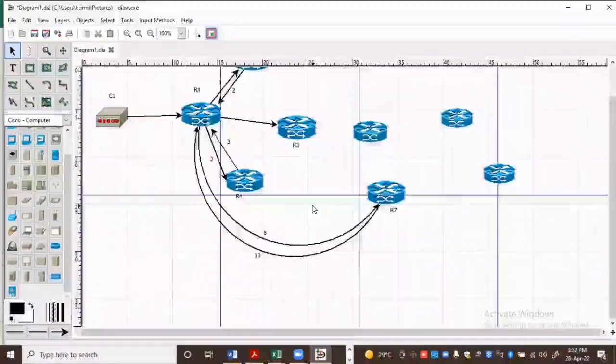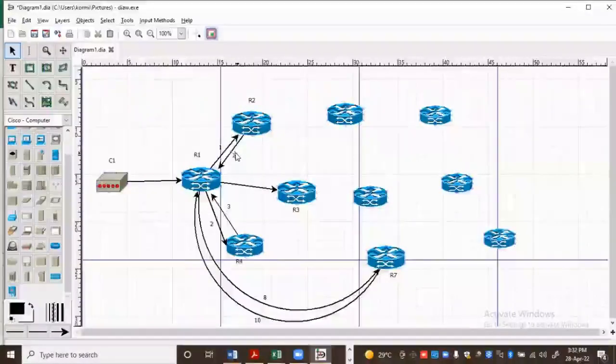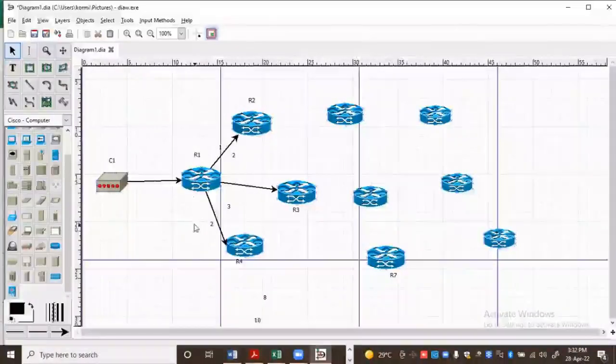So now let's get rid of some of these things here. Let's delete some of these arrows, some of these values.